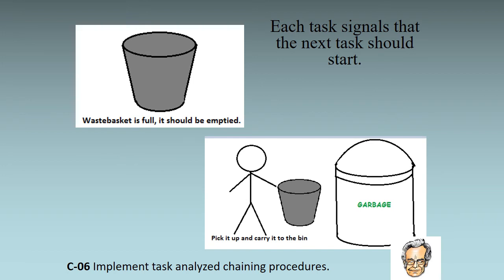Each task signals that the next task should start. So in this example, the wastebasket is full. It should be emptied. That's the SD, seeing the full wastebasket. Seeing that it's full is the SD for the person to pick up the wastebasket, which itself is an SD to take it to a bigger garbage can.